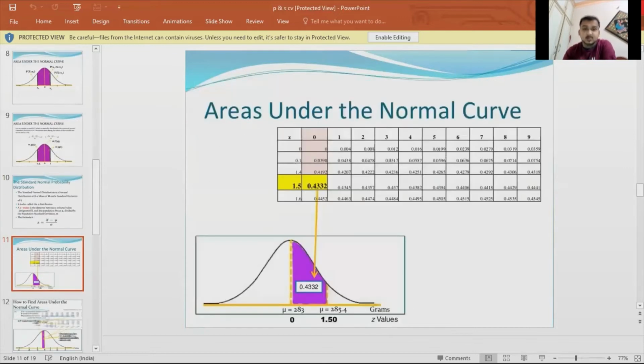Areas under the normal curve. Here for z equals 1.5, the area under the curve between 0 and 1.5 is 0.4332. This table is referred to get the area under the curve.